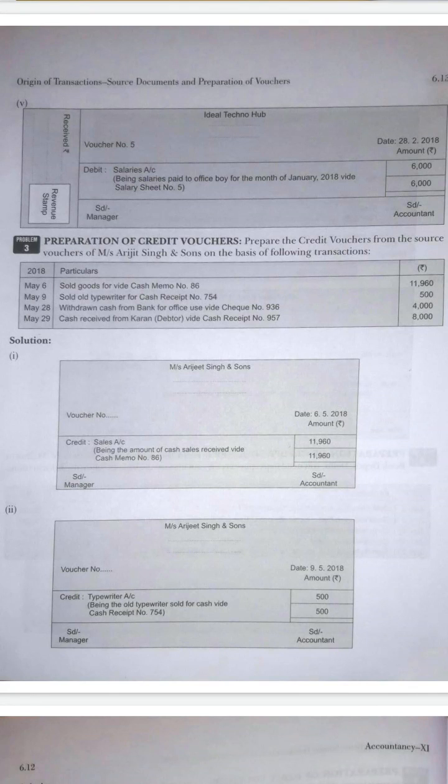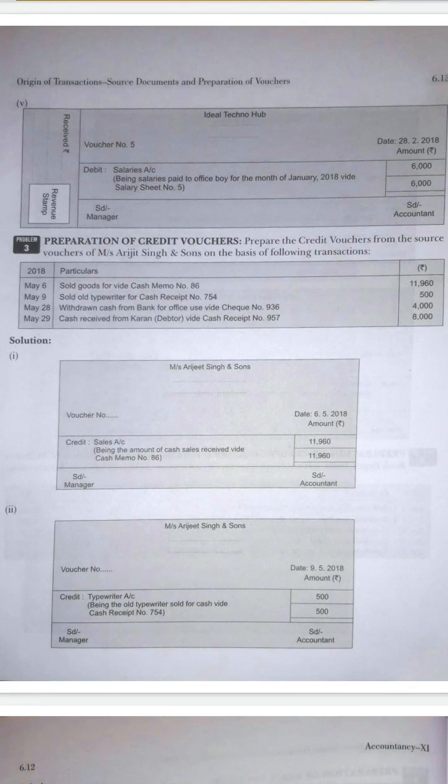So by reading the transaction, you have to analyze it. A credit voucher is nothing but the cash receipt. So it's very easy. You have to find which account is to be credited. This is the main thing.